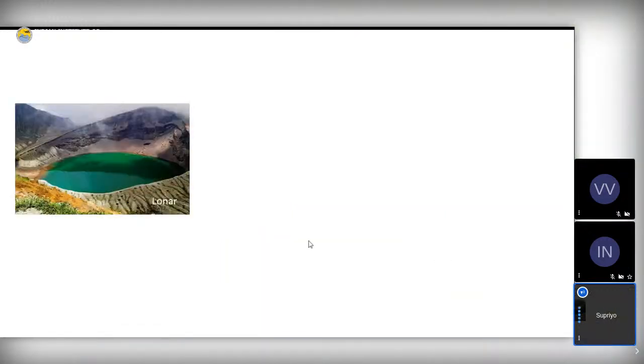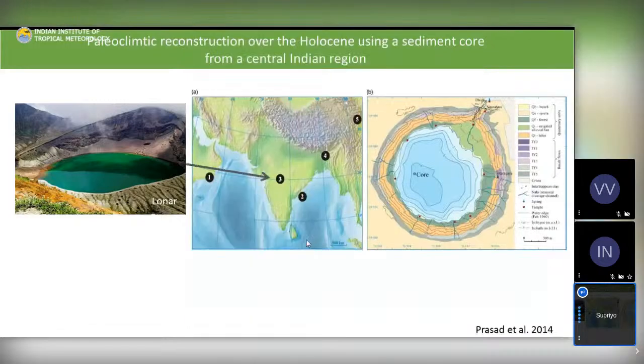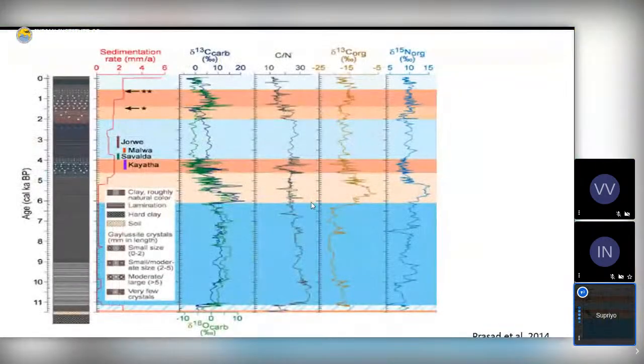Now, one of the examples has been reported by Prasad et al. These authors collected lake sediment from a central Indian lake called Lonar, which is situated here, and they retrieved almost the last 10 to 11,000 years of climatic history, especially belonging to the core monsoon zone of India.